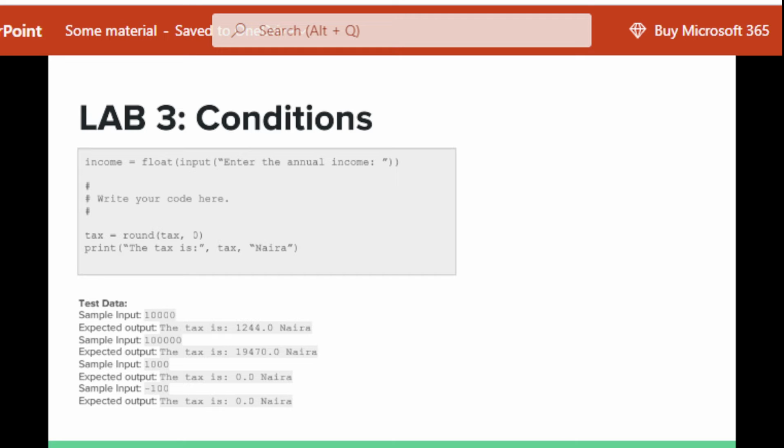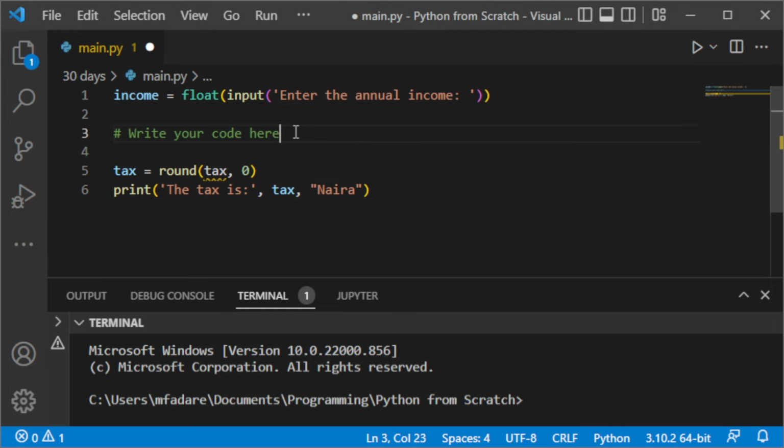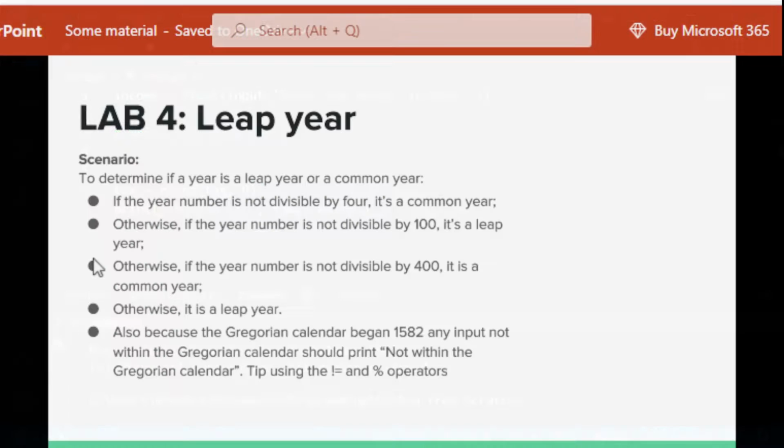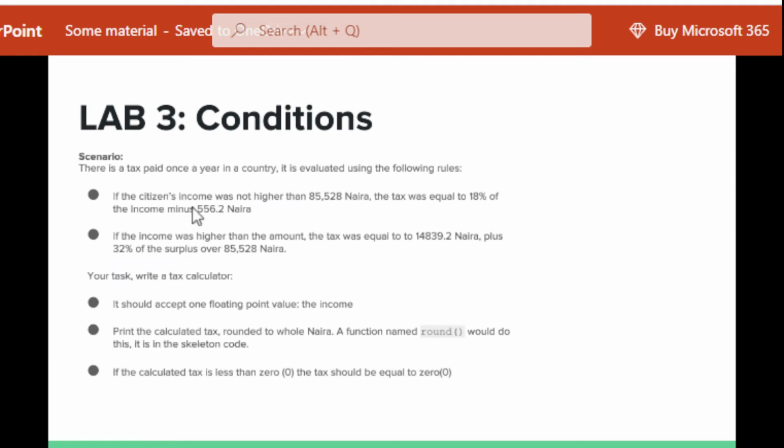Okay, so we have to write our code now. The very first condition is to check if the citizen's income is not higher than 85,528.